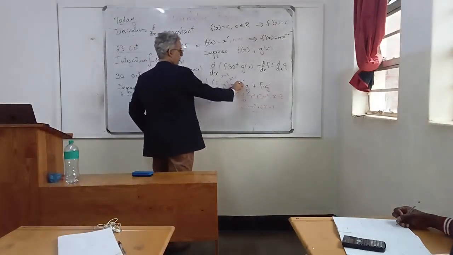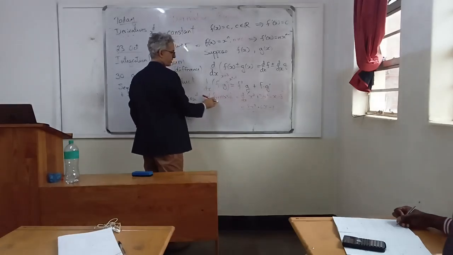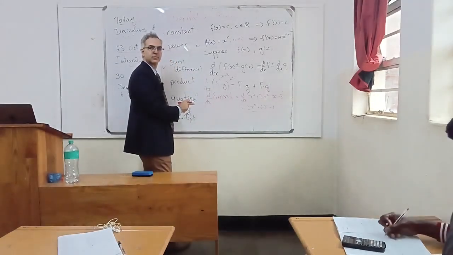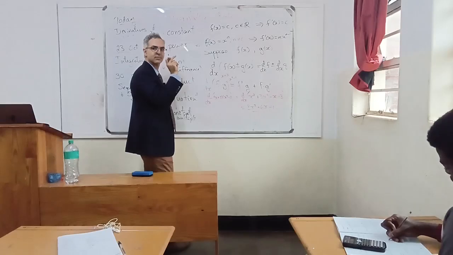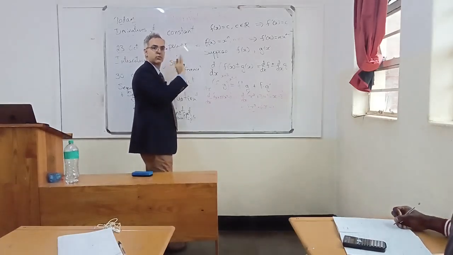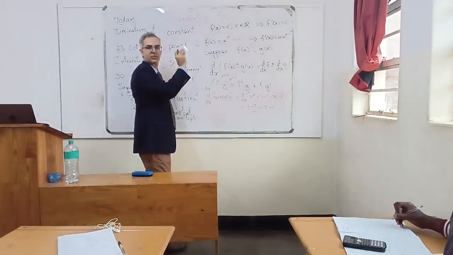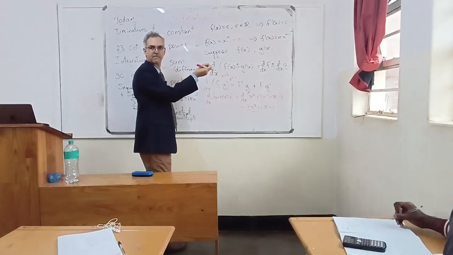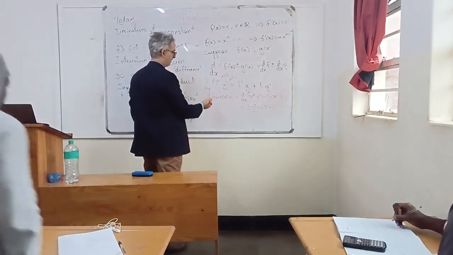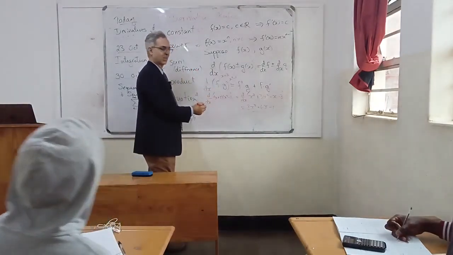So we need f prime, which is the derivative of x plus 3. The derivative of x plus 3 is the derivative of x plus the derivative of 3. What is the derivative of x? 1.